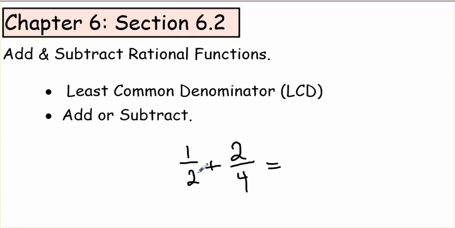What I do is I look for a common denominator, the lowest common denominator. And 2 and 4 both divide evenly into 4. So what I would do is I'd rewrite these fractions. The 2/4 is fine. It has the denominator 4 that I'm looking for, but the 1/2 is not.